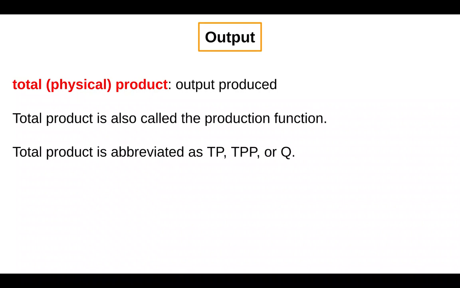Kind of sounds like something out of Schoolhouse Rock, like Conjunction Junction. Is that what you call it? I don't know. But instead of that, it's production function. Total product is also abbreviated as TP or TPP, or, and you might be familiar with this one, Q for quantity. So quantity is the same thing as total product.